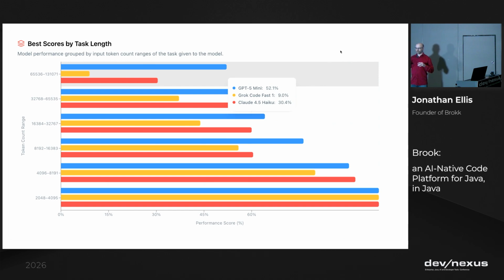One of the things we found was that if we take all of the tasks in the power ranking and we bucket them by how large they are and look at the performance of the different models, this is from November's power ranking. There's a new one out now, but this slide's from the November one.